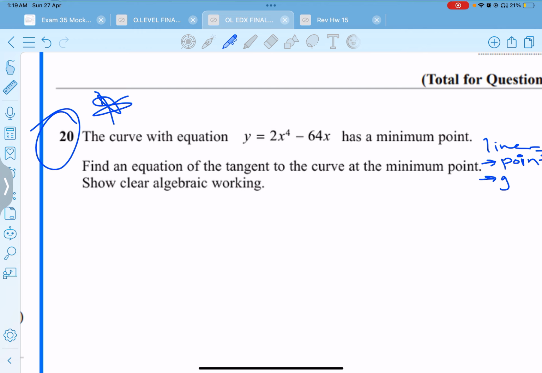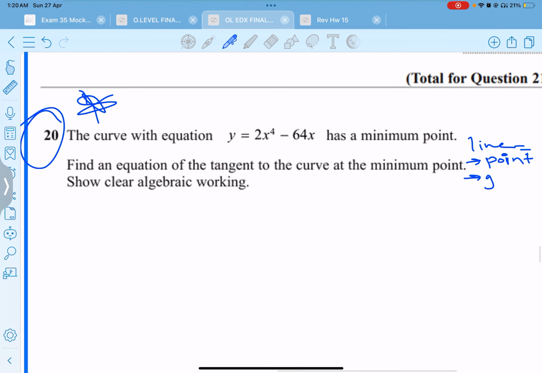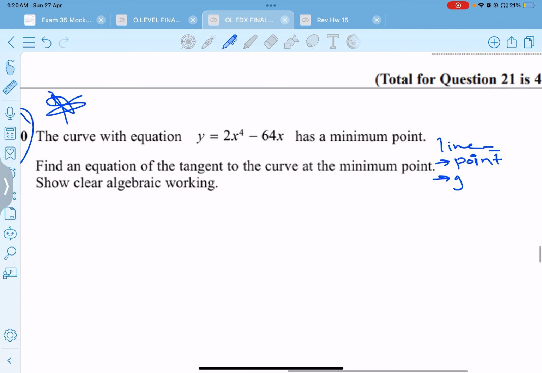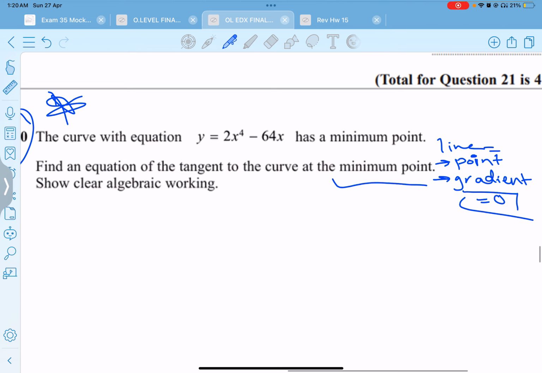Okay, so to find the gradient, I know that the gradient will equal 0 because any minimum or maximum point in a curve, or in any graph actually, is going to be equal to 0. So y dash equal to 8x to the power 3 minus 64.